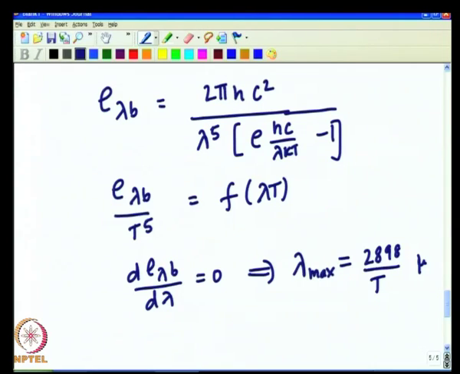So, this says that the peak of the Blackbody emission curve, when you look at the emissive power per unit wavelength, occurs at this wavelength.